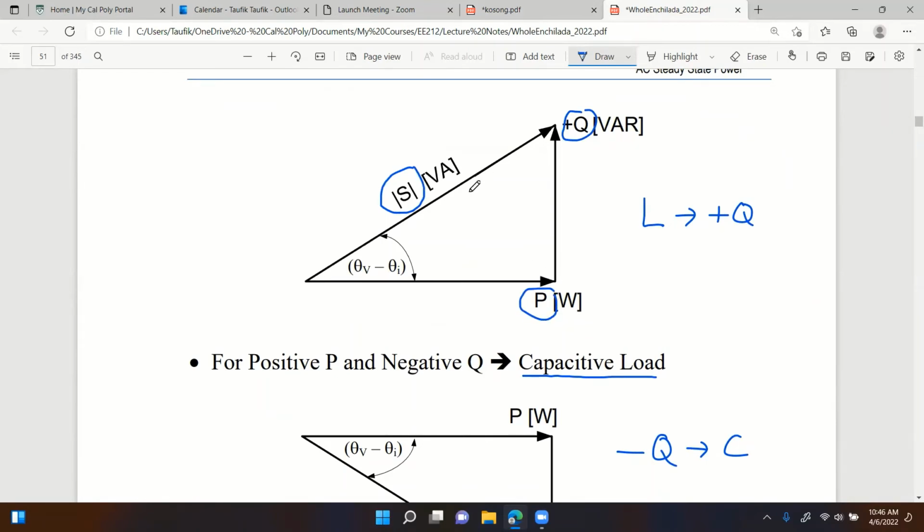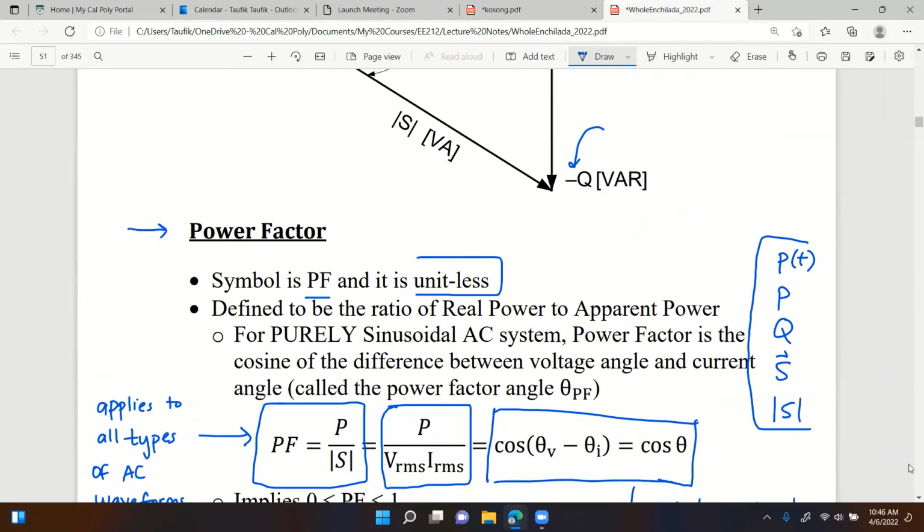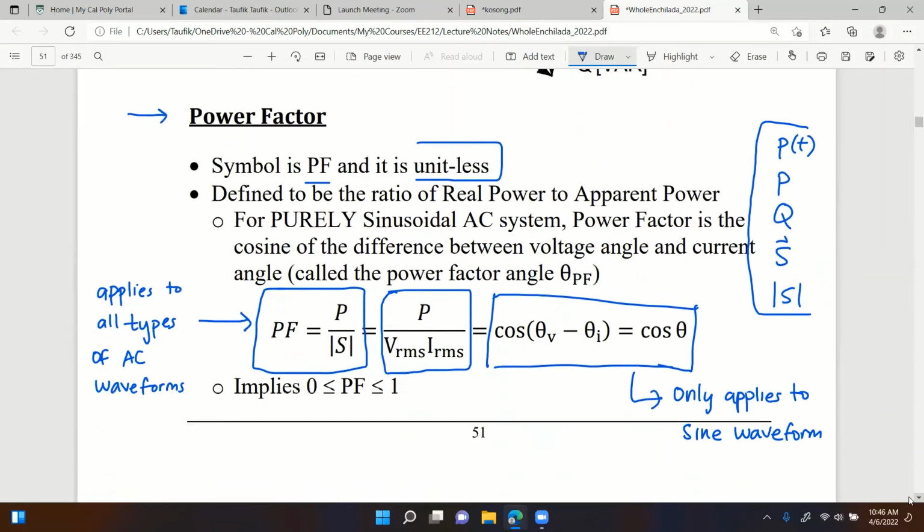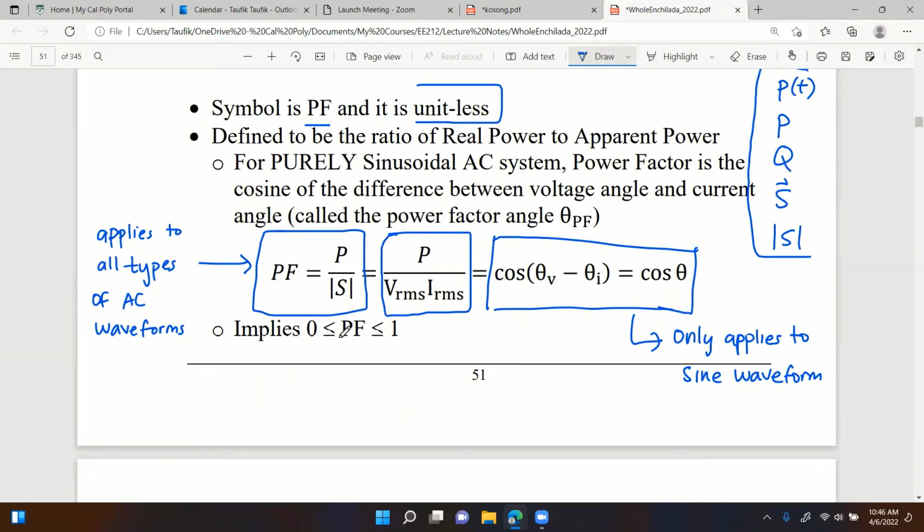So you can see that the ratio of P over S has a maximum of just 1. The maximum value you can get is equal to 1, when P is equal to S. So since power factor is the ratio of P over S, the value of power factor should be between 0 and 1.